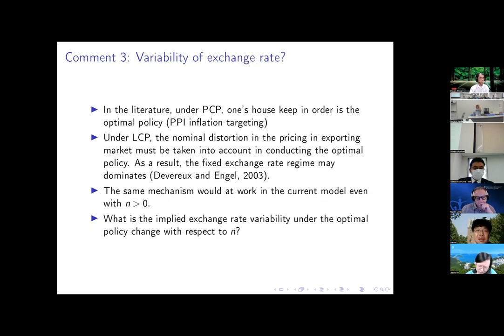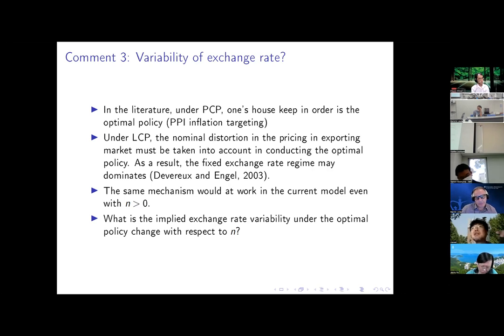And the last comment is about the variability of the exchange rate, and this is also related to the exercise regarding local currency pricing versus producer currency pricing. So in the literature, the nominal distortion in the economy is related to the nominal rigidities, right?